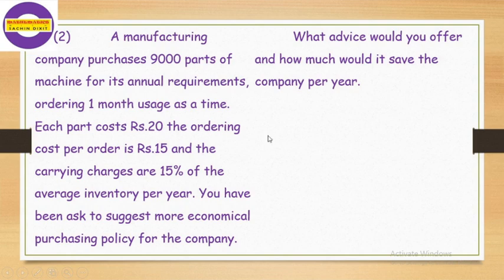The ordering cost per order is rupees 50 and the carrying charges are 50% of the average inventory per year. You have been asked to suggest a more economical purchasing policy for the company. What advice would you offer and how much would it save the company per year?